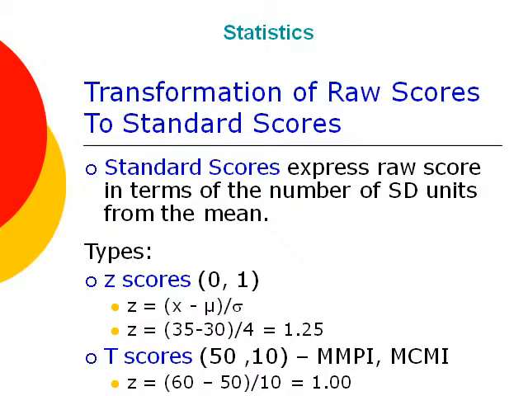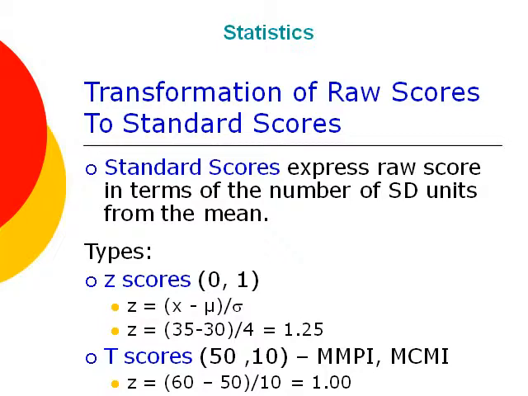Thus, a z-score of 1.5 corresponds to a raw score that is 1.5 standard deviation units above the mean. And a z-score of negative 0.75 is 0.75 standard deviation units below the mean. A z-score is obtained by the formula you see in the slide. The mean of the distribution is subtracted from a score in the distribution and then divided by the standard deviation.